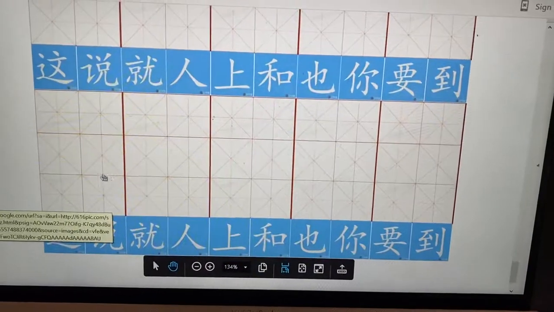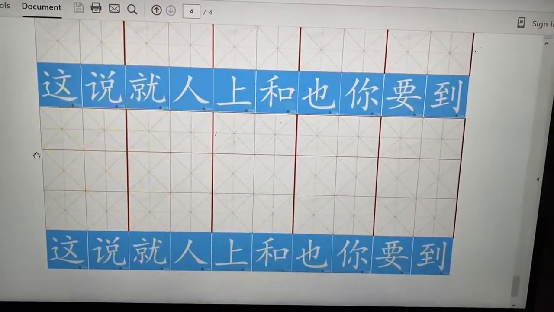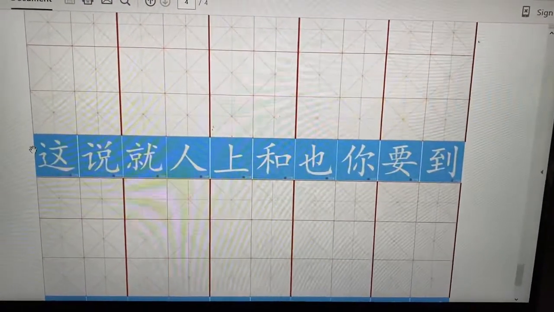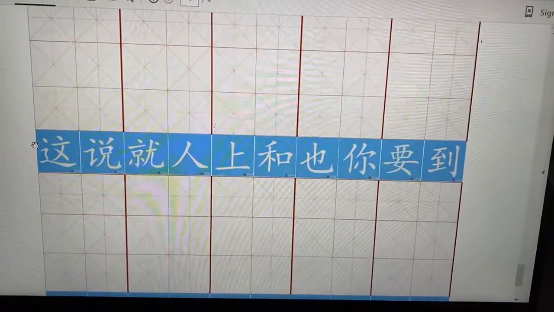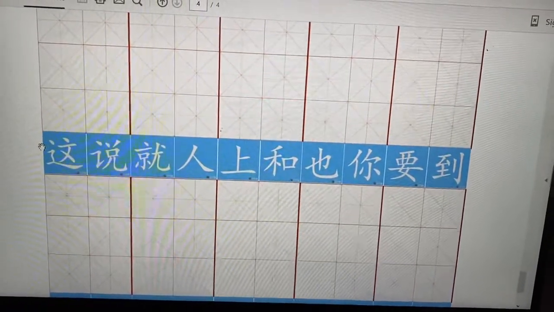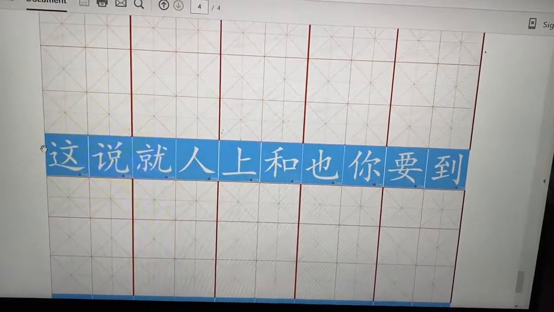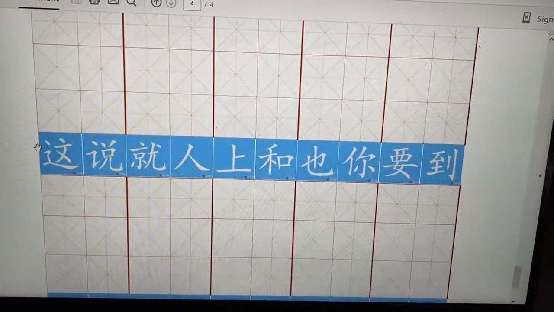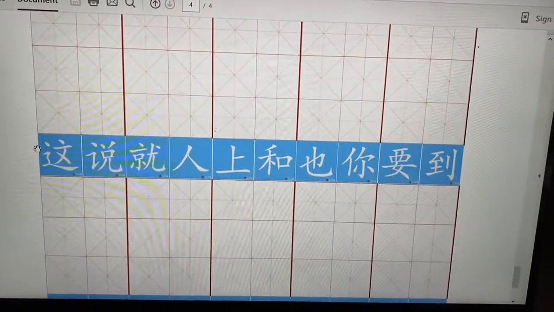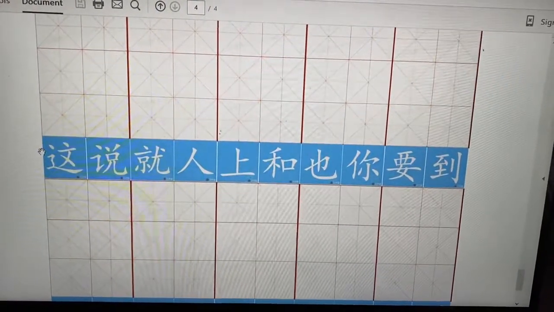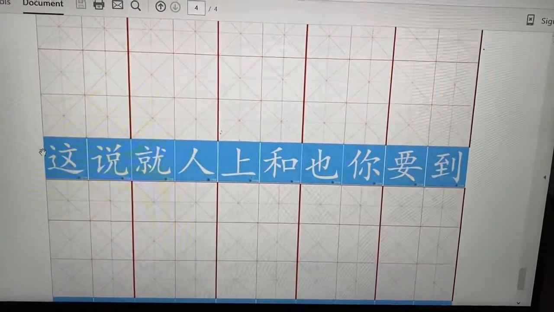All right. For guys who don't have a printer, I suggest you write the characters on your notebook, each one 9 times, and take a picture and send it to my email address.